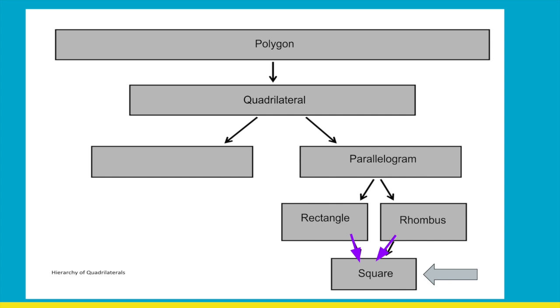Right. So I know what you're thinking. You're thinking, Miss Harris, you told me that a shape has to have all of the same attributes to fall under the shape above it. Guess what? It does. A rectangle's other attribute is that opposite sides are congruent.